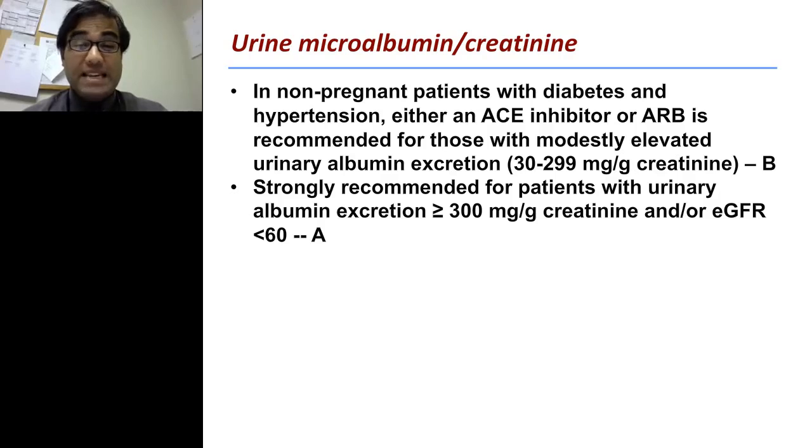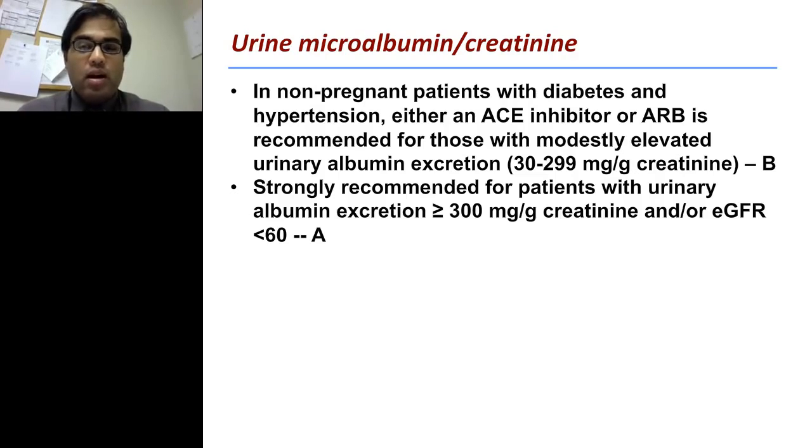That's level B evidence, and strongly recommended for patients with urinary albumin excretion greater than or equal to 300 milligrams per gram creatinine and or an estimated GFR less than 60. So you can clearly see there that's level A evidence. So pretty robust data to back the utilization of those agents for hypertension management or proteinuria management.